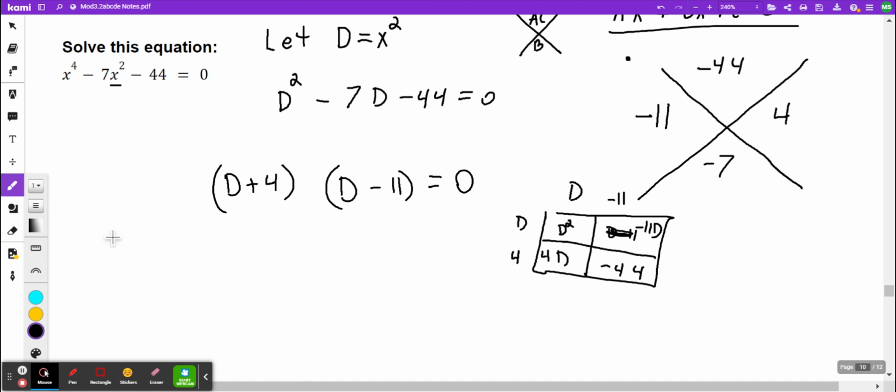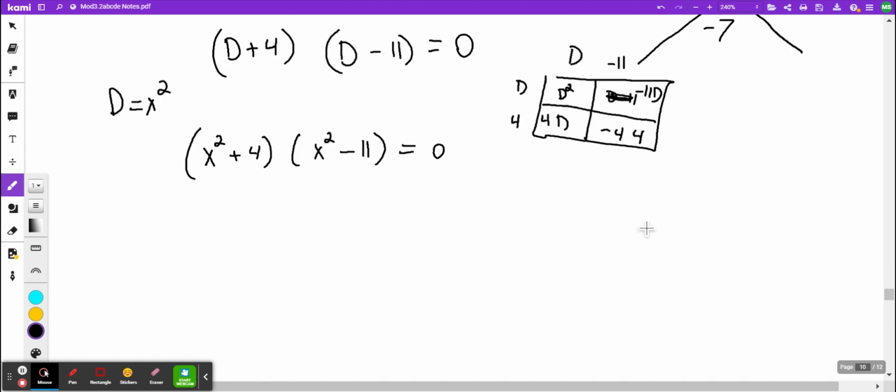Remember, d was equal to x squared. I can bring it back. And so now I have x squared plus 4 times x squared minus 11 is equal to 0. So there's more than two answers, but I need to have this equal negative 4.